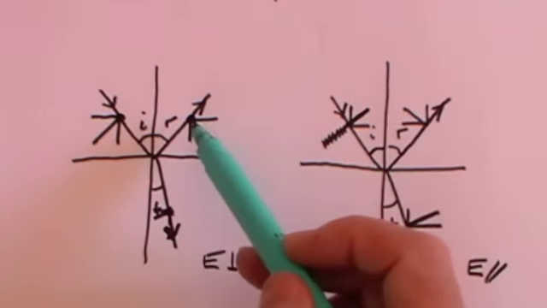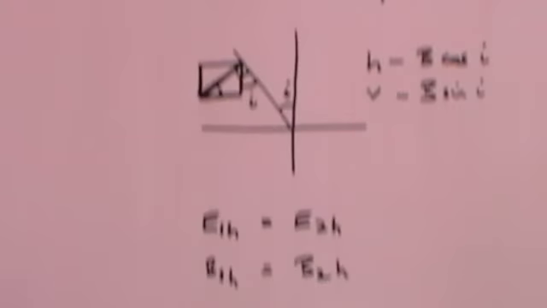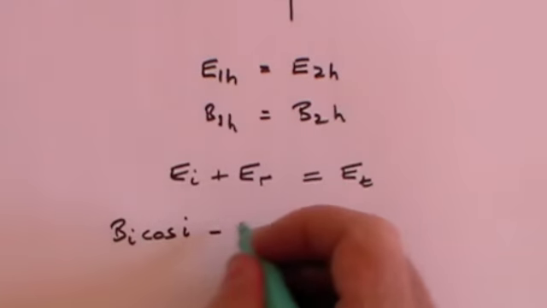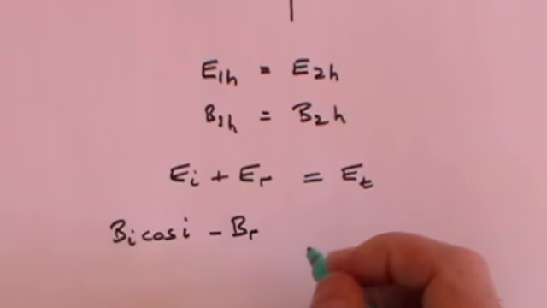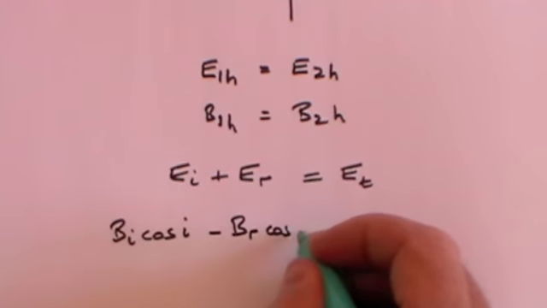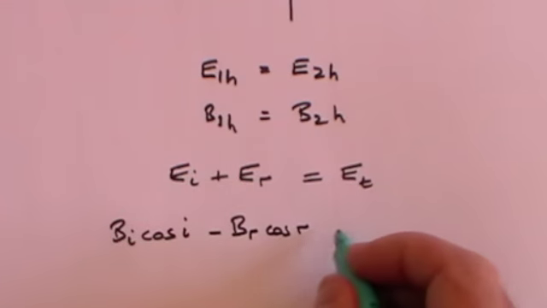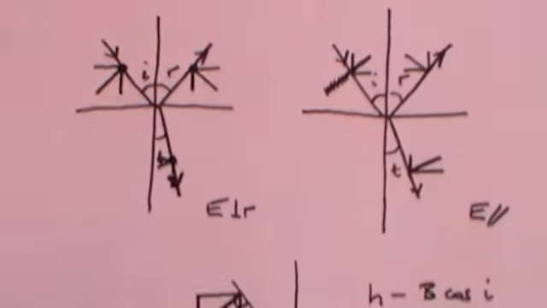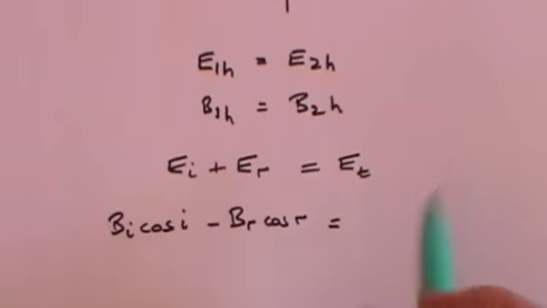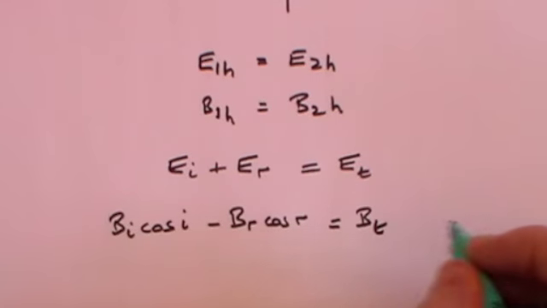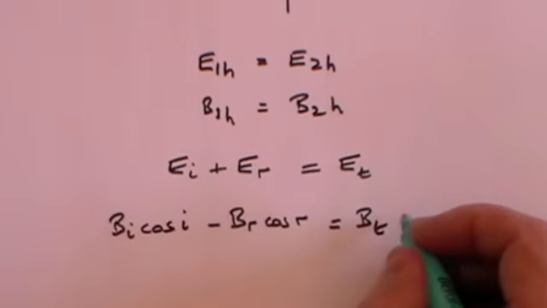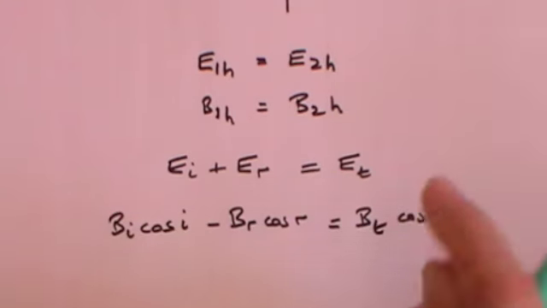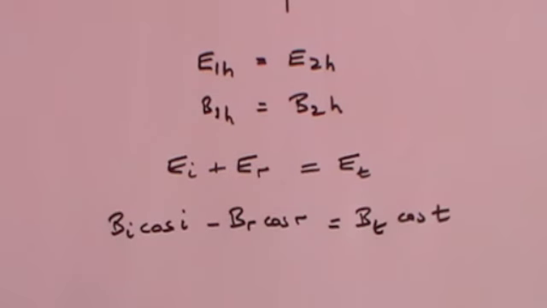This is going in that direction, this is going in this direction. So we've now got minus BR, the reflected B field, times the cosine of the reflected angle, is going to be equal to, in this case it's the same direction as the incident B field, BT, the transmitted or refracted B field, times the cosine of the angle of refraction.